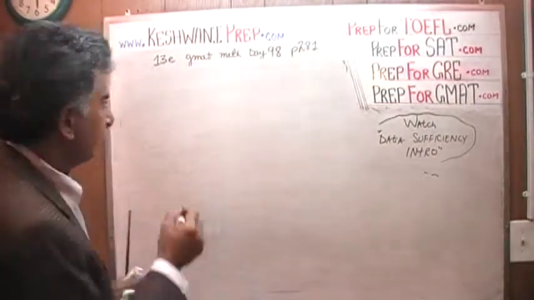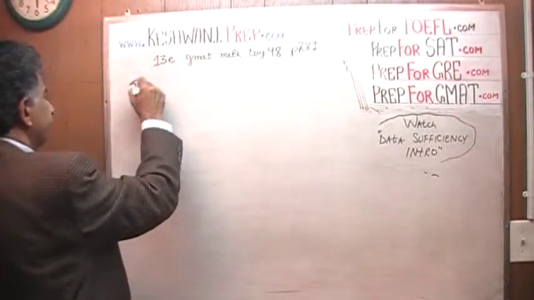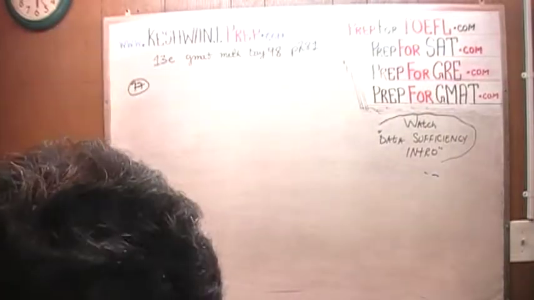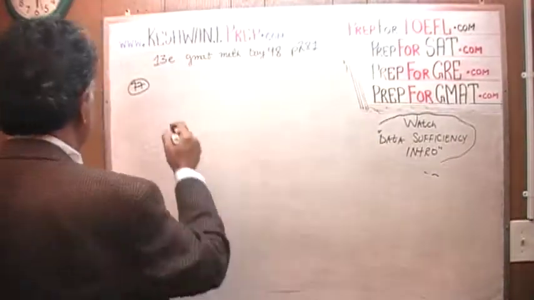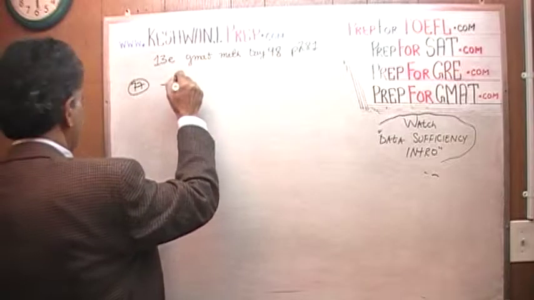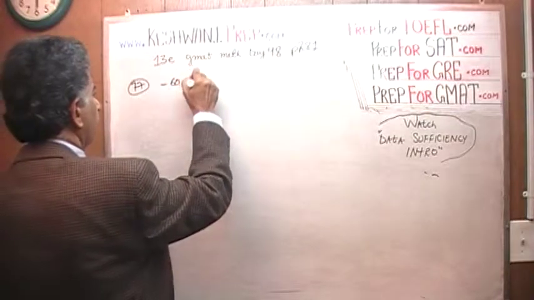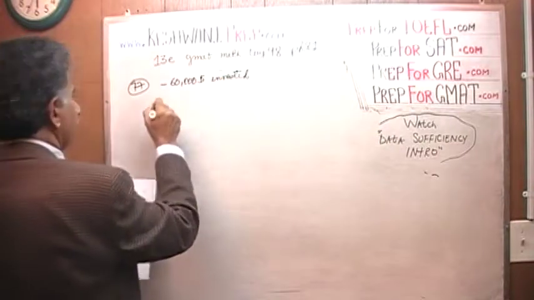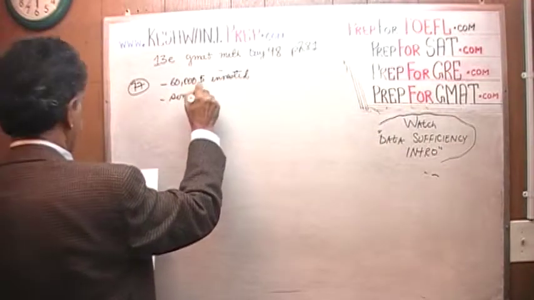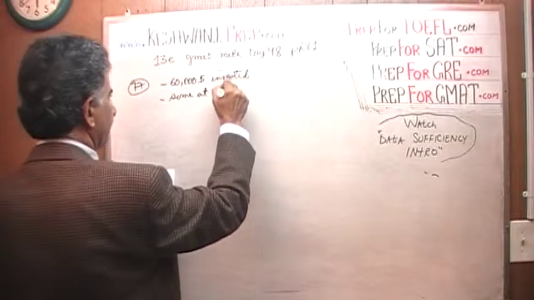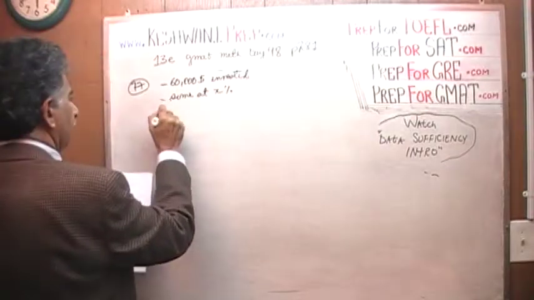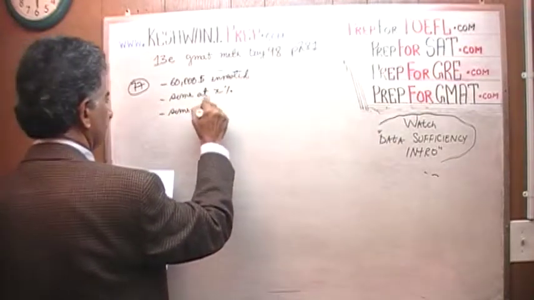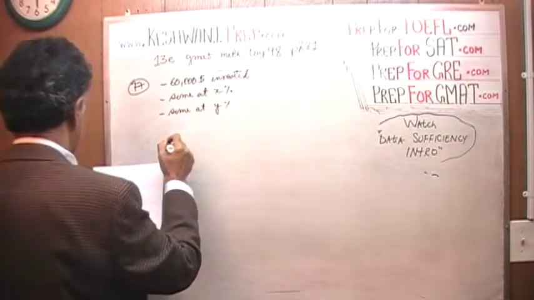Problem number 77. It says that $60,000 was invested. We are also told that sum was invested at X% and sum was invested at Y%.